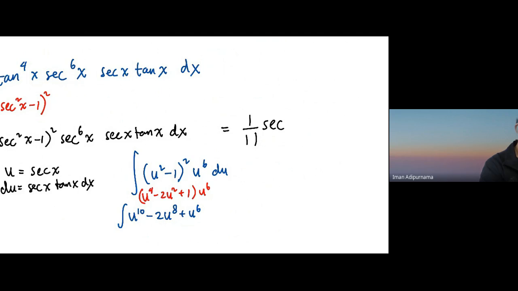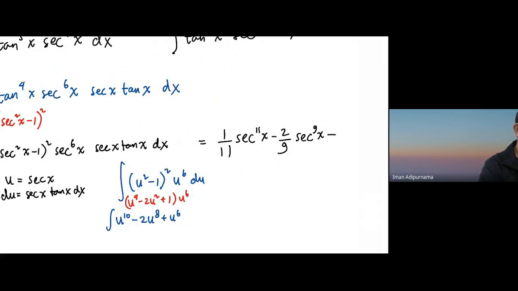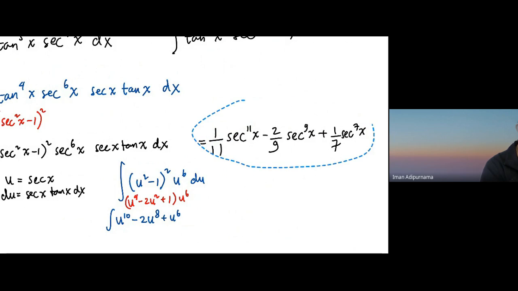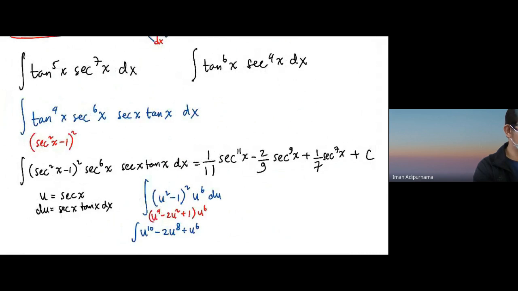U is secant, so let me write secant 11x minus 2 over 9 secant 9x, and then plus 1 over 7 secant 7x, plus c. Okay, that's for the first part.